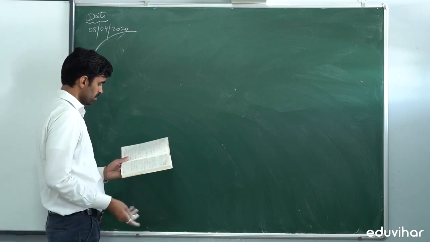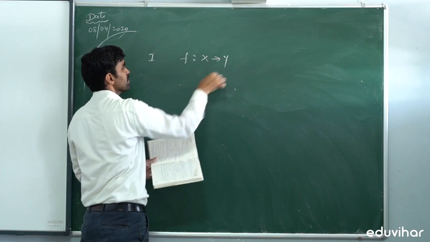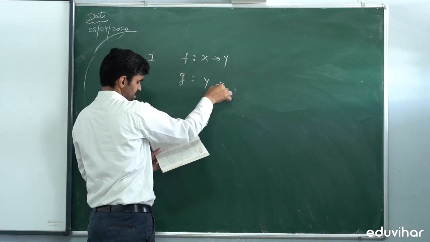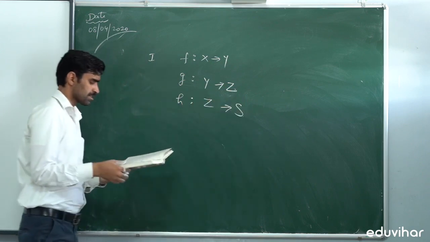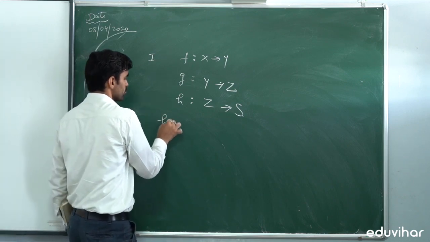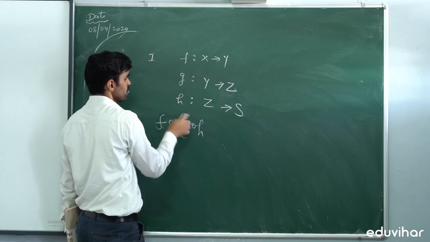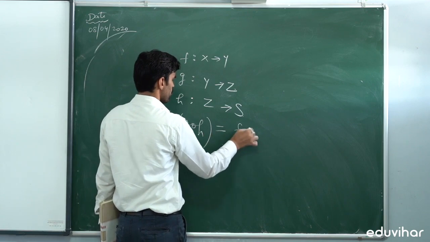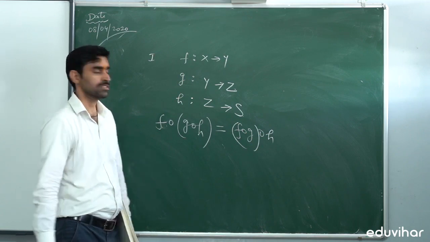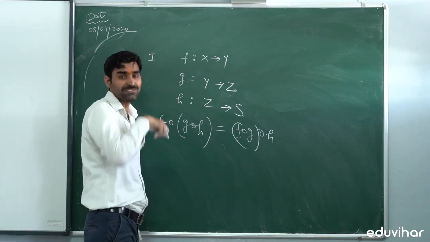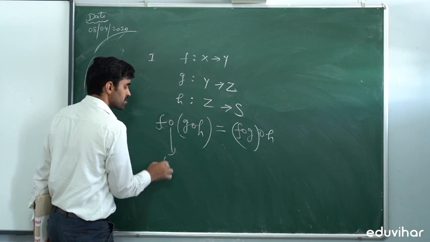Now the first property: if a function f goes from set x to set y, g goes from set y to set z, and h goes from set z to set s are functions, then h of g of f must be equal to the composition taken in the other grouping, that is, composite functions are associative. If we use the property with a combination of three functions, it is called associative: composite functions are associative.